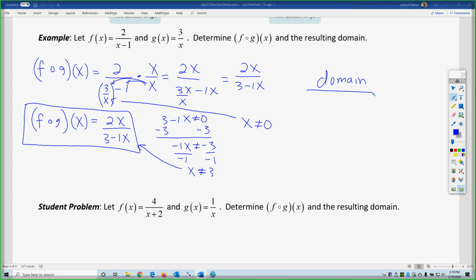So I go from least to greatest: negative infinity to 0, union 0 to 3, and then union 3 to infinity is the proper domain for this function. So I have a hole, or asymptote rather, at 0 and 3. Okay? Alright, pause the video, try student problems for yourself.